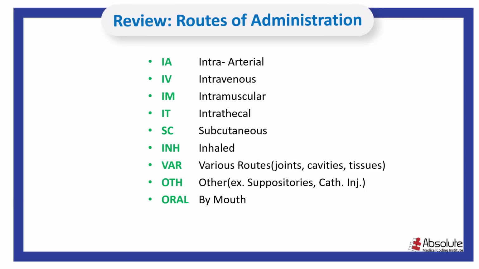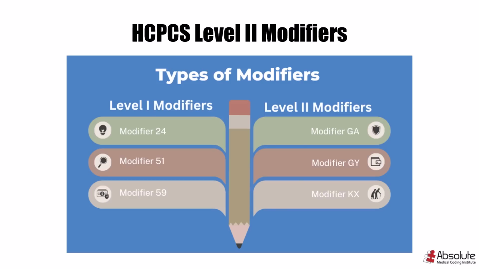Now, let's talk about HCPCS Level II modifiers very briefly. All right, so what is a modifier? A modifier is a two-character code. When you add this two-character code to a code, whether it's a CPT or a HCPCS Level II code, it modifies that code.